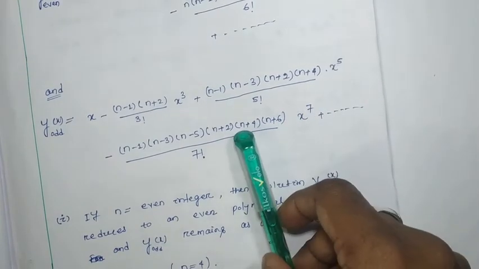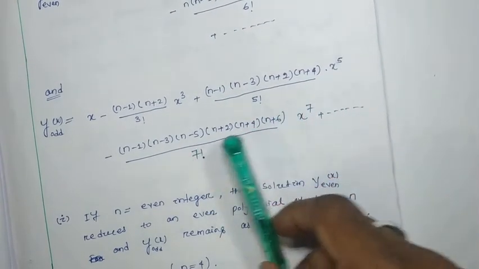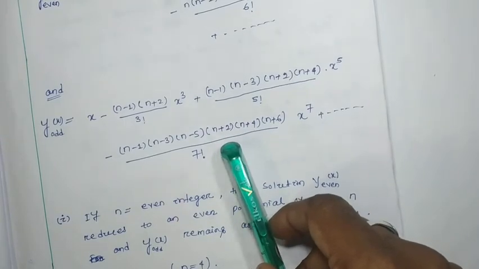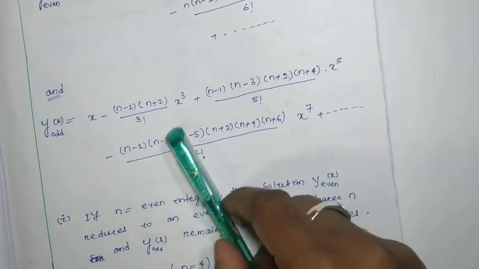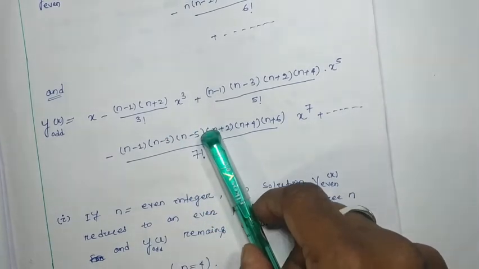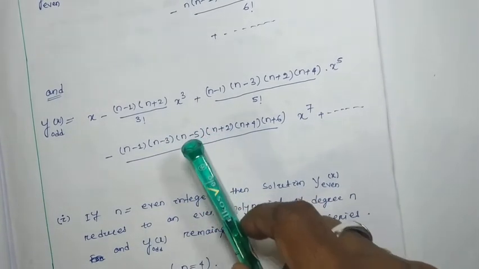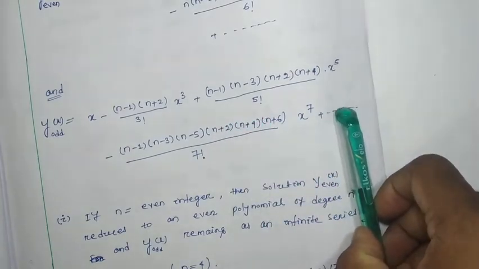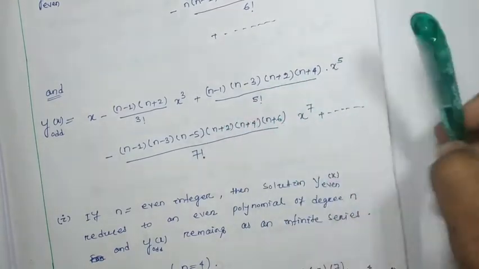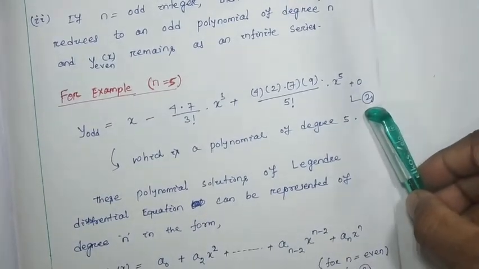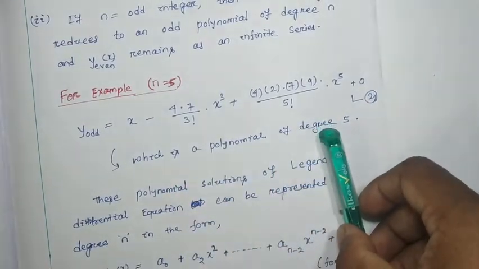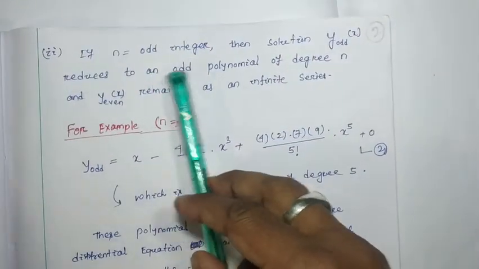So whatever terms we get from here will contain n minus 5. So hence all the terms after this term will be 0. So I have written 0 over here. Let it be equation number 1, which is a polynomial of order 5, whatever I discussed over here, right?